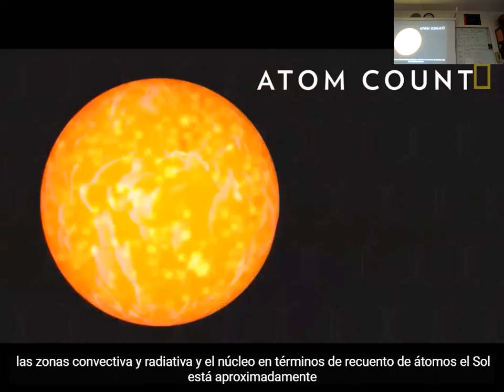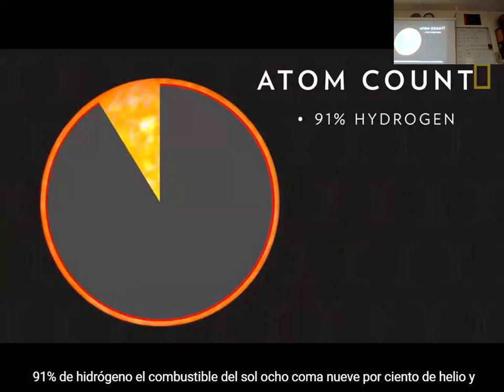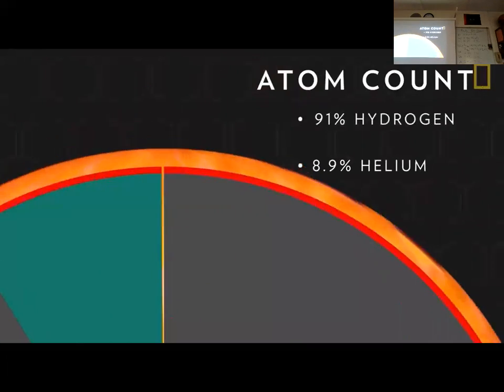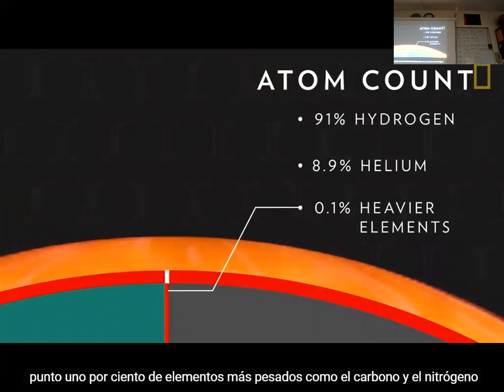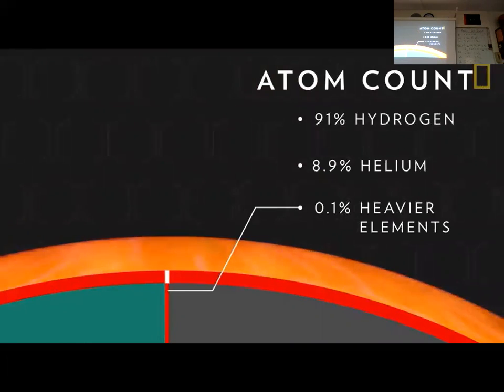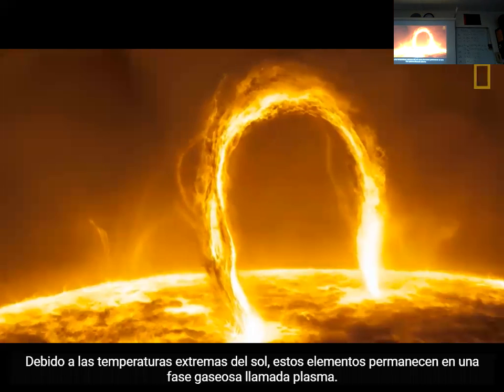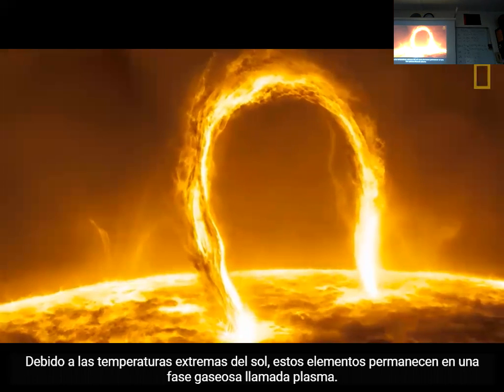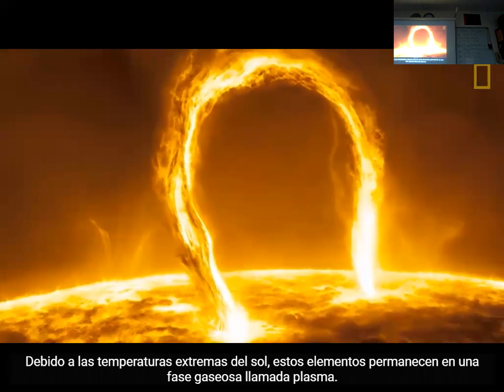In terms of atom count, the sun is about 91% hydrogen, the sun's fuel, 8.9% helium, and 0.1% heavier elements, such as carbon and nitrogen. Due to the sun's extreme temperatures, these elements stay in a gas-like phase called plasma.